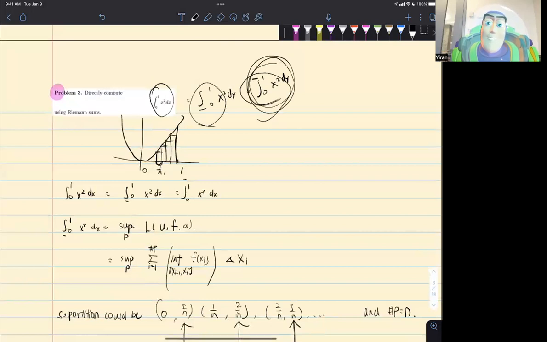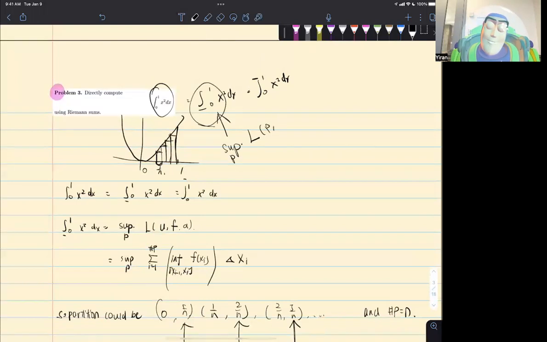I chose to compute this one, and this is the supremum, the lower sum of the function x squared, supremum over the partition. And this is alpha; alpha is equal to x, so usually we don't write alpha.